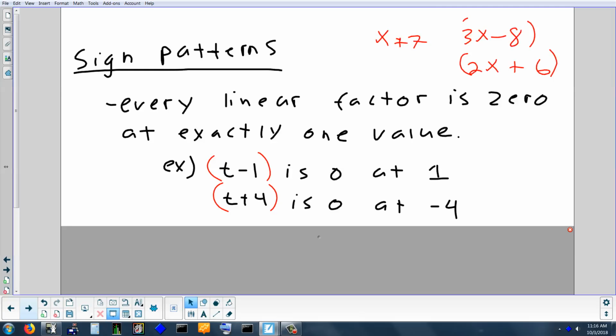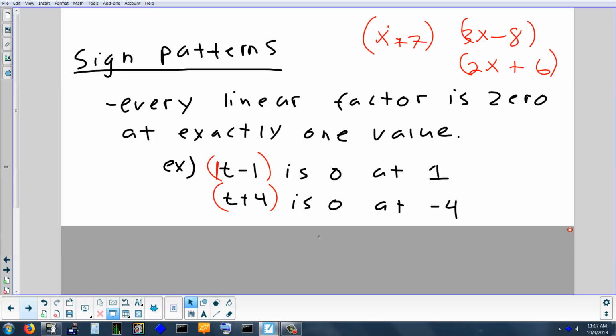Those are all linear factors. If you throw an exponent on one of the letters, that's not linear anymore. It has to just be a letter plus or minus a number. And you can have a number in front of the letter too. Like there's a number in front of t, right? It's just a 1, we just don't write it.